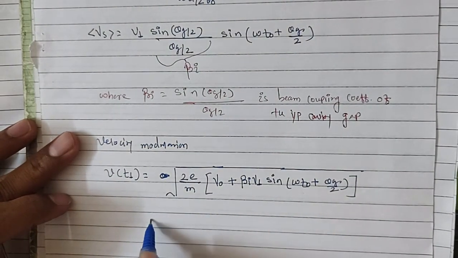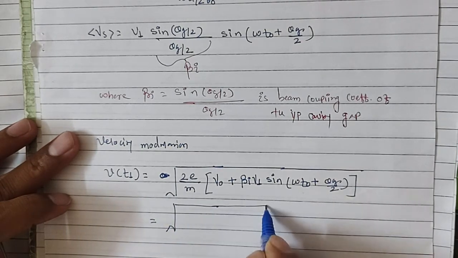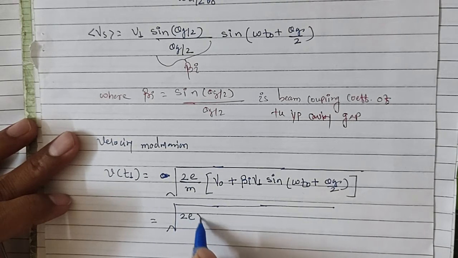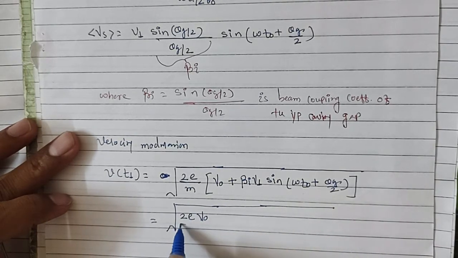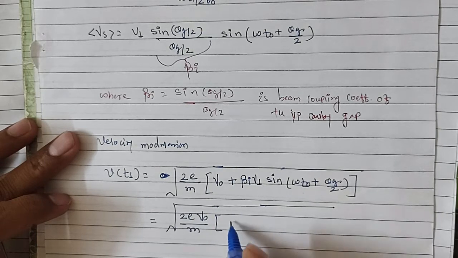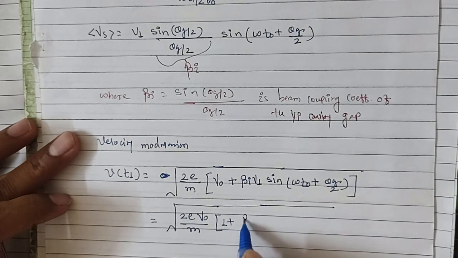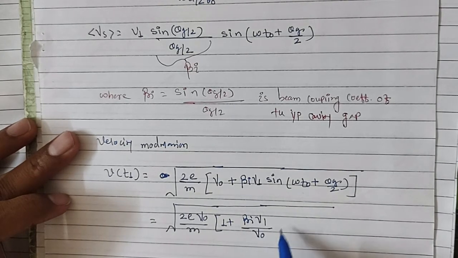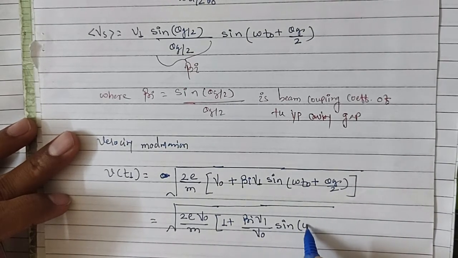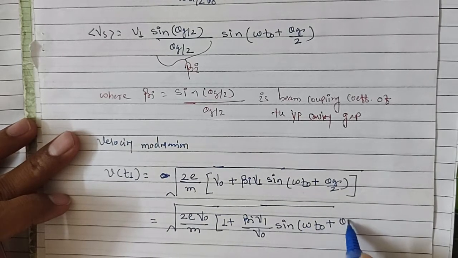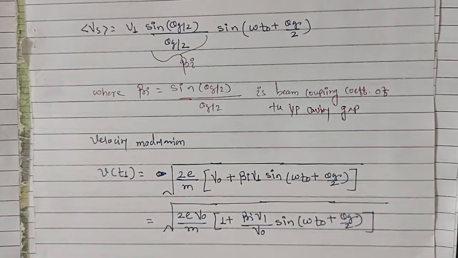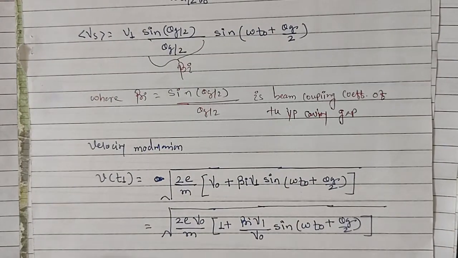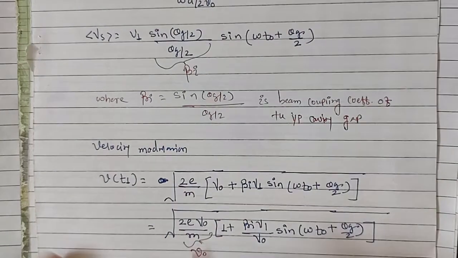So let us take V0 common. It is 2E V0 by M, inside the bracket 1 plus beta I V1 upon V0 sine omega T0 plus theta G by 2.